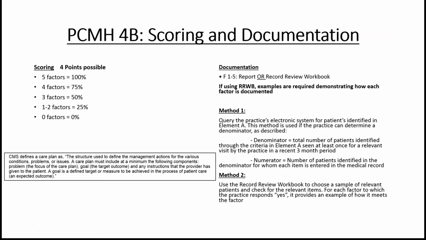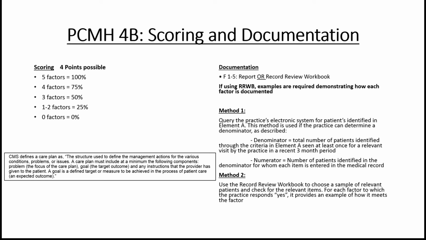The scoring and documentation for this element, again, looking at the possible points, and included there on the bottom is just the CMS definition of a care plan and specific things that we obviously want in there. For the documentation, this is another area where, as I mentioned in the previous webinar for Standard 3, NCQA offers a record review workbook.